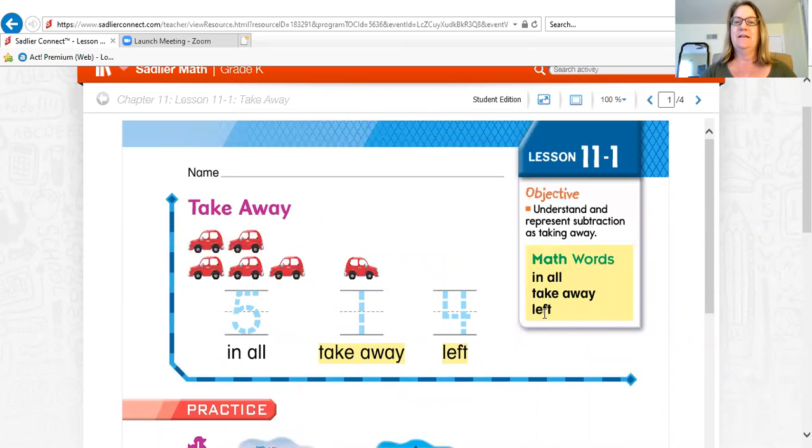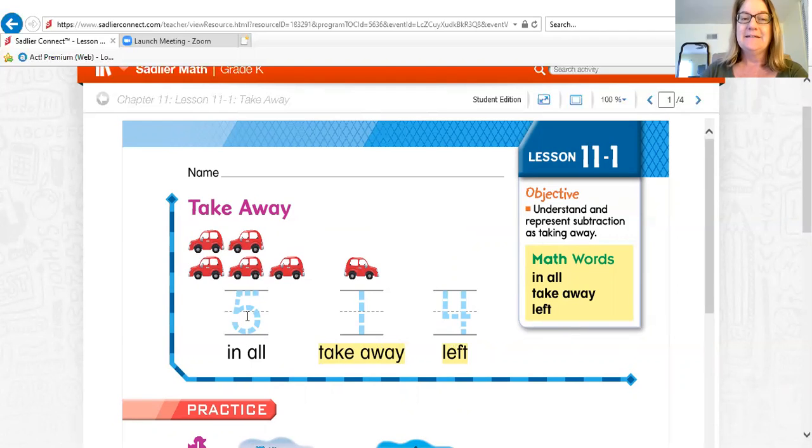Now we have 3 math words I want to explain to you. We have in all, take away, and left. Now, when we do subtraction, and this would be a subtraction sentence, we always start with the in all number.